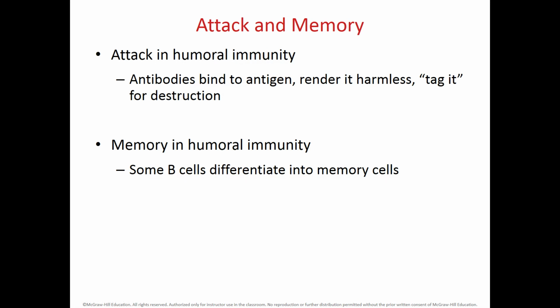Now, the immune system through the humoral immunity also can help to attack antigens. Antigens can be neutralized by the antibodies, and it can tag them for destruction. When you neutralize these antigens with the antibodies, you prevent them from binding into cells.